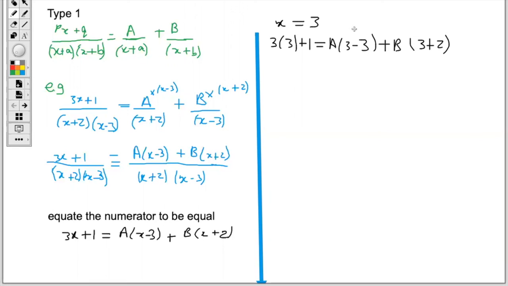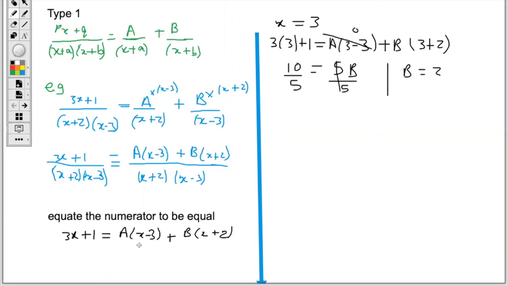Now 3 minus 3 is 0, so this should be gone because a times 0 is 0, and we want that so that we can find b. So 3 times 3 is 9, plus 1 is 10, 3 plus 2 is 5, so we have 5b. Then we divide both sides by 5, and b is equal to 2 because 10 divided by 5 is 2.